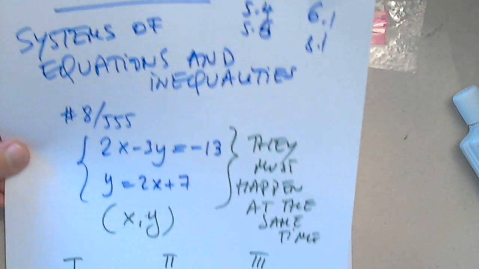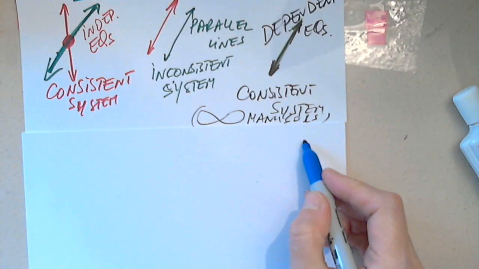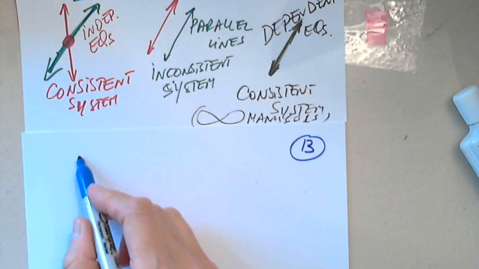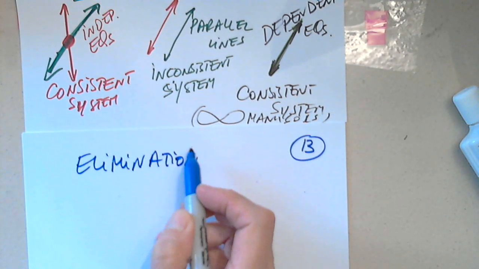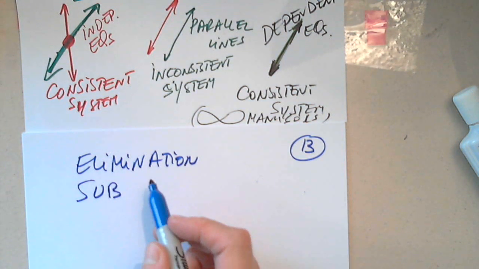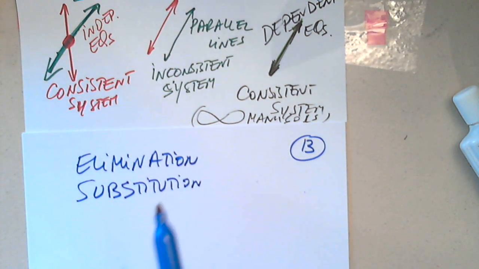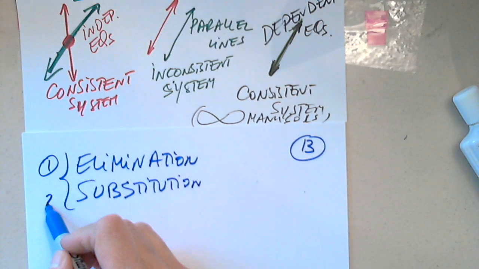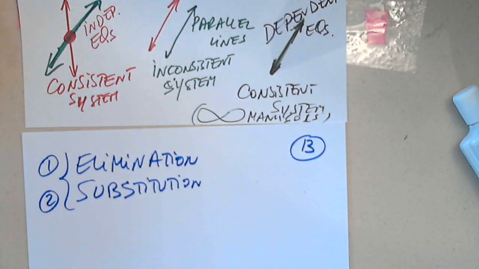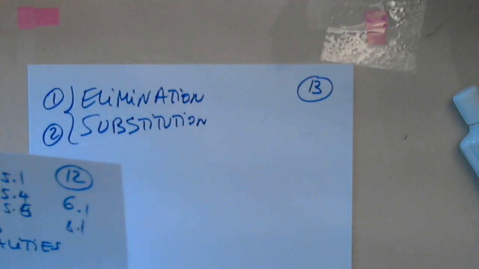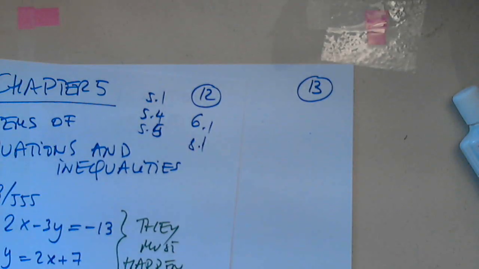Okay, so knowing that, now let's refresh our memory on elimination and substitution. They're not the same. These are two methods. Now, we've applied this in several word problems in the past.